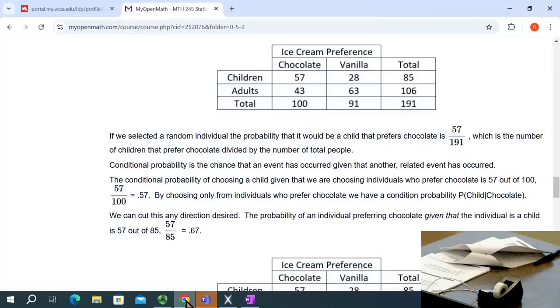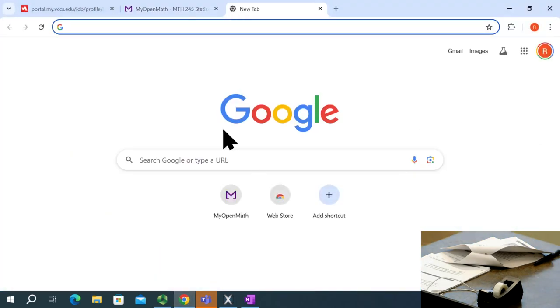What comes up? The search bar. Look what came up here. I just went to Chrome. It knows I used MyOpenMath. And it's got a couple other things because it doesn't have a history.